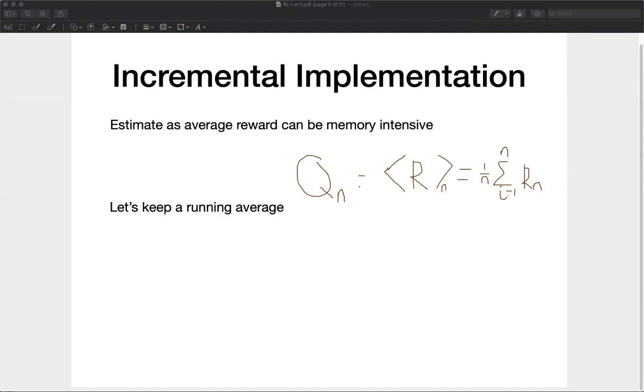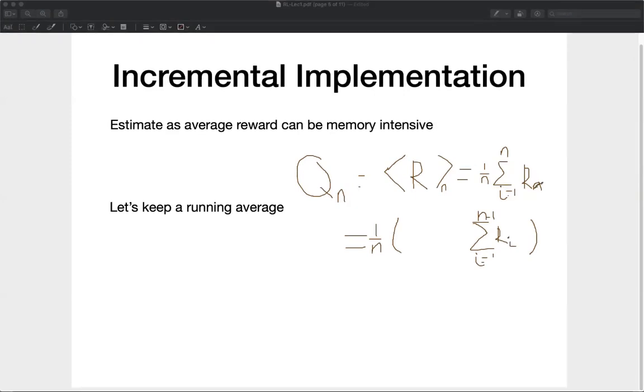Well, let's rewrite this expression and let's pull out the nth term, the last term. So Q of n then is just going to be 1 over n, and I'm going to split up this sum so that over here I have the sum over i equals 1 to n minus 1 of r of i.